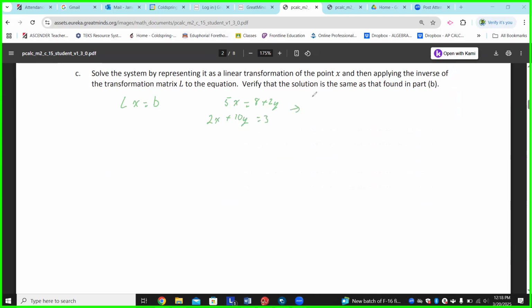We rewrote this as 5x minus 2y equals 8 and 2x plus 10y equals 3. This is what we just had, right? So to produce it, it would be 5, negative 2, 2, 10. You're trying to find that x, y, and it's equal to 8, 3. Go from there.